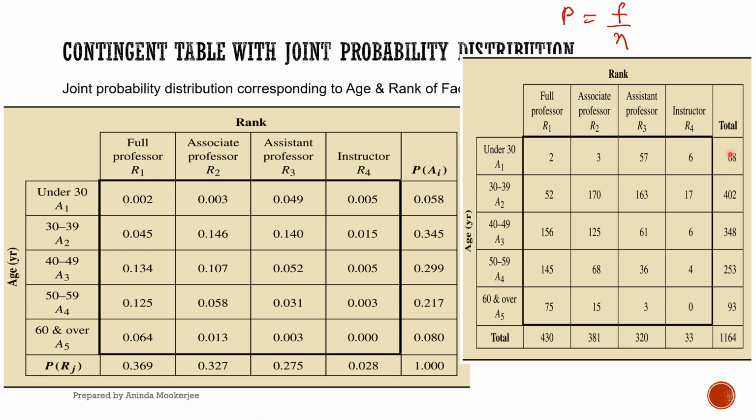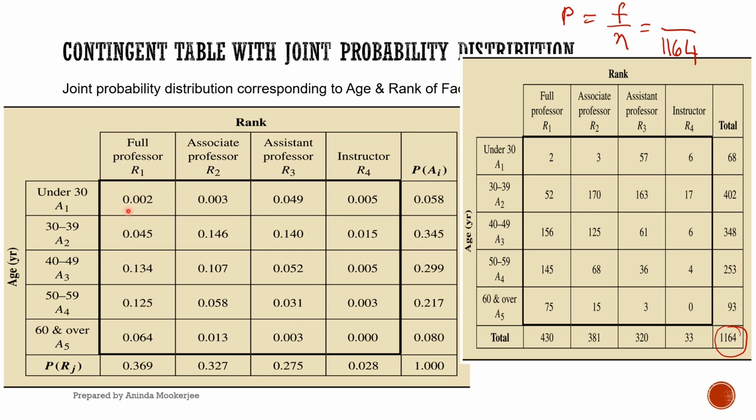If you sum all the row values and all the column values, it's 1164, and that's going to be our n. That's going to stay unchanged. For every probability calculation, we are going to use 1164 as our n, the denominator. Only f is going to vary.